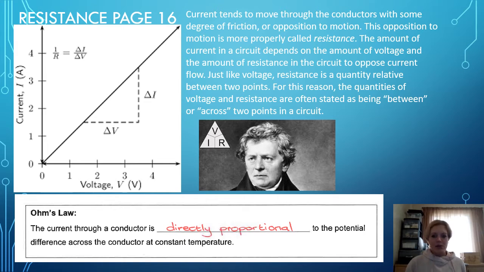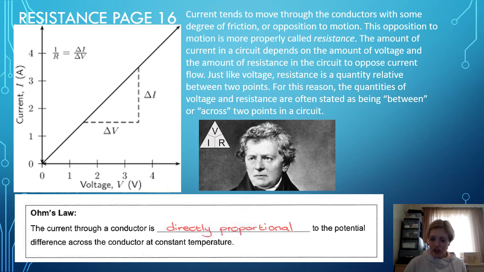You can write it on a piece of paper, on the side, or the back of your book, whatever's going to help you. You know how you study. It's not compulsory, but it could help you. The amount of current in a circuit depends on the amount of voltage and the amount of resistance in the circuit to oppose the current flow.